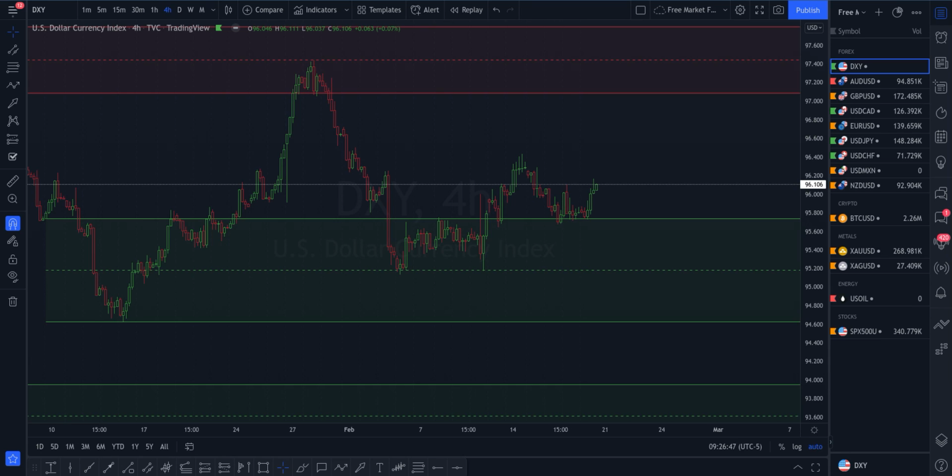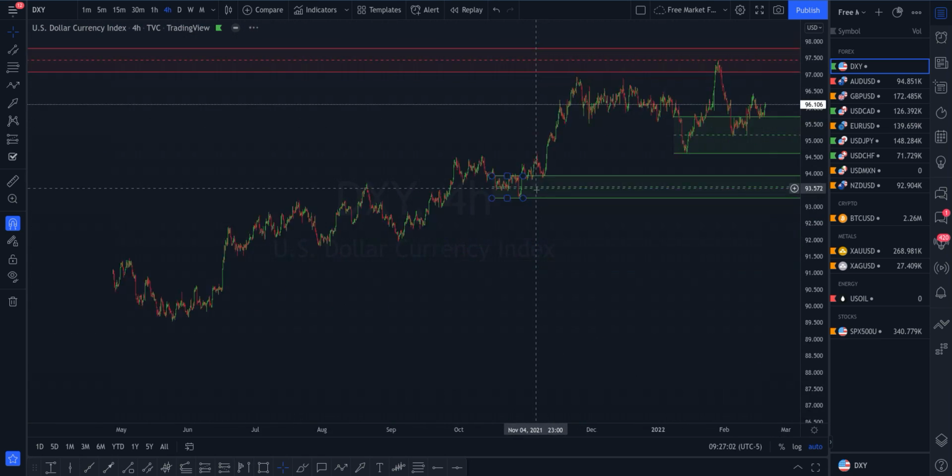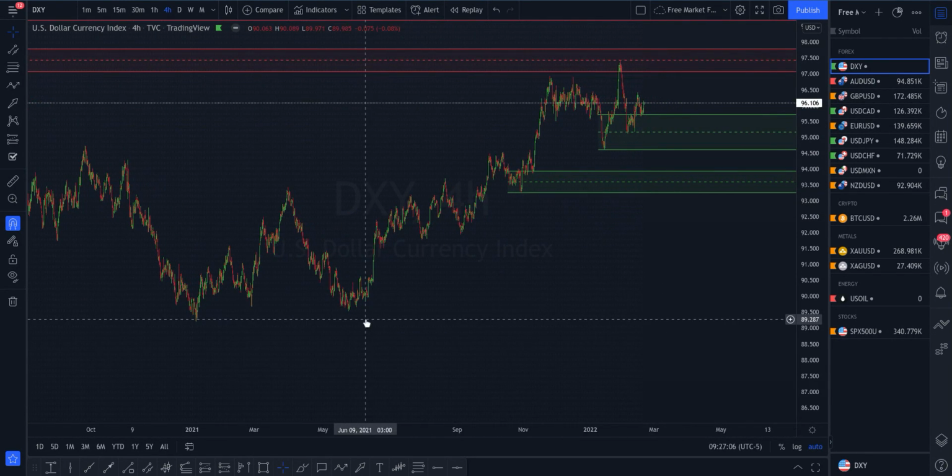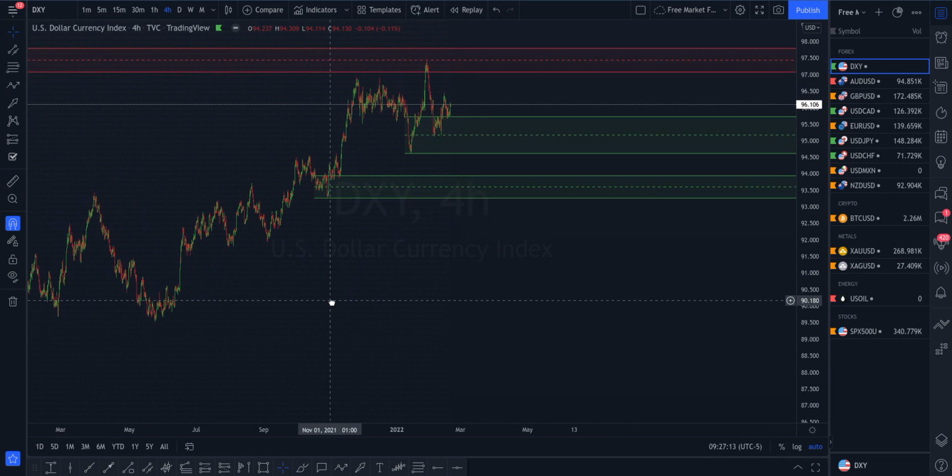So, starting out with the dollar index, we have an institutional bias of longing this pair. If we zoom all the way out here, we can see that we have been on an uptrend based on the 4-hour market structure.